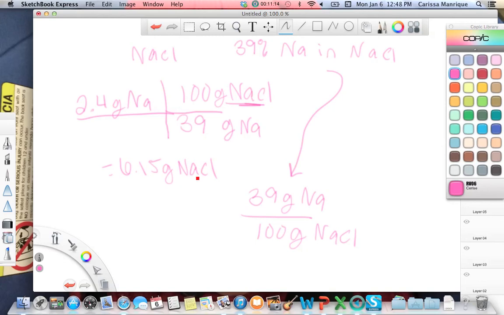So this isn't all sodium. There's also chlorine in this too. So since we can have 2.4 grams of sodium, in 6.15 grams of sodium chloride, there are 2.4 grams of sodium in there. If that even makes sense. So we can have this much sodium chloride if we can have that much sodium. Anyway, that's a percent. So you're either going to calculate the percent or you're going to have the percent.